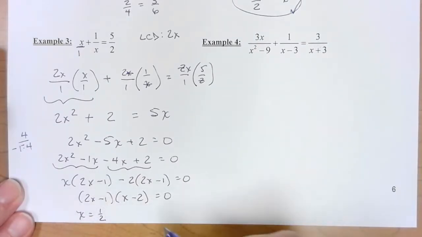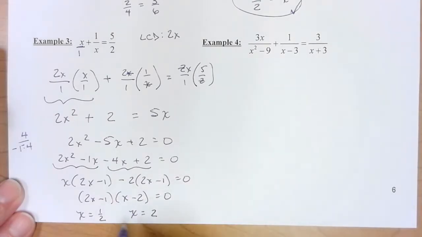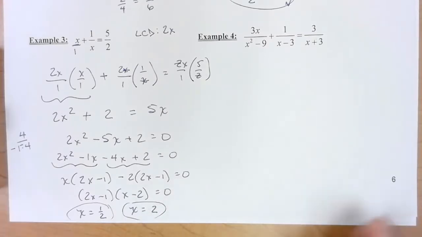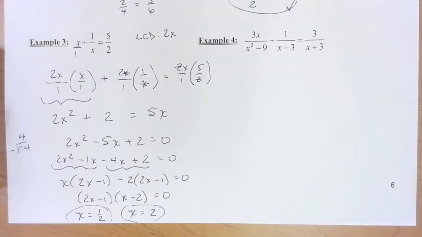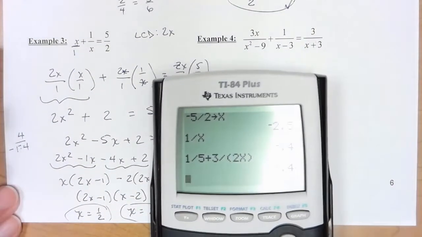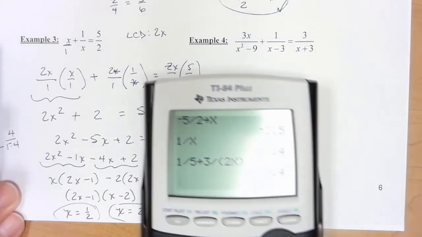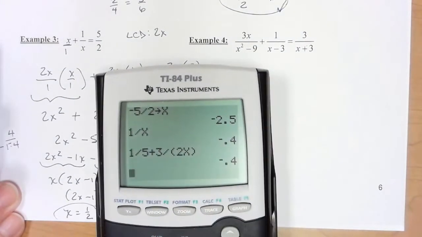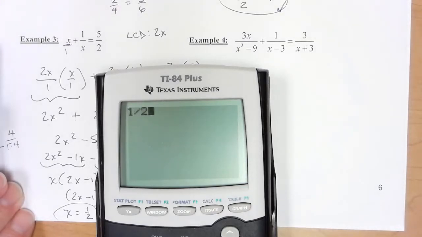I'm running out of room, so I'm going to go ahead and write down what my solutions are. So either one of these should work, but I need to check them. I'll check the first one, 1/2. So let me clear that out. 1 divided by 2, storing for x.